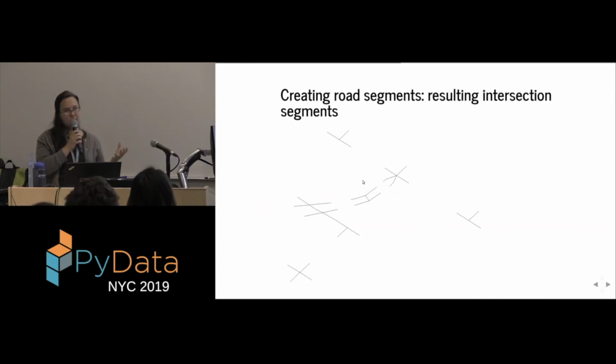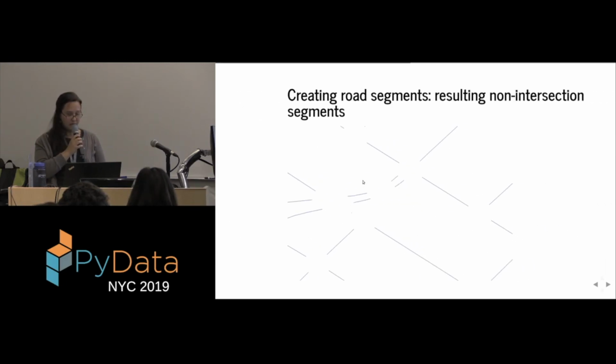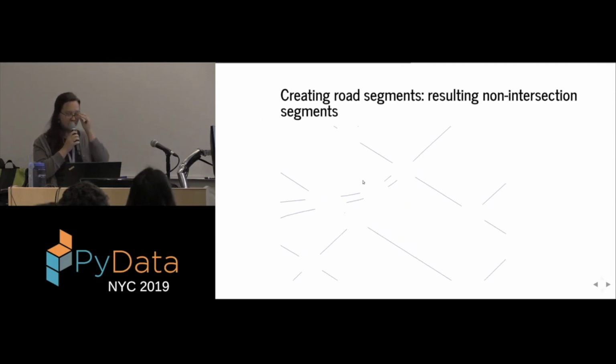And we take all the road segments inside those bubbles, and they are the intersection segments. And so you can see the straightforward intersections there, and a more complex intersection here. And then the resulting non-intersection segments are just all the road segments that are left over after we exclude the intersections from the previous slide.